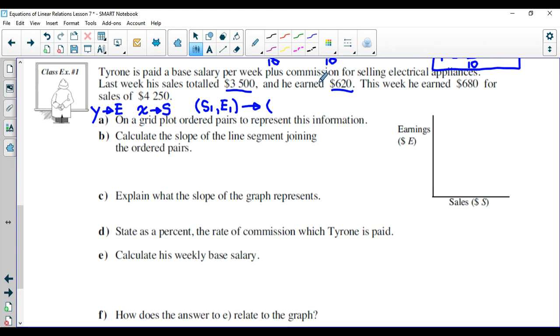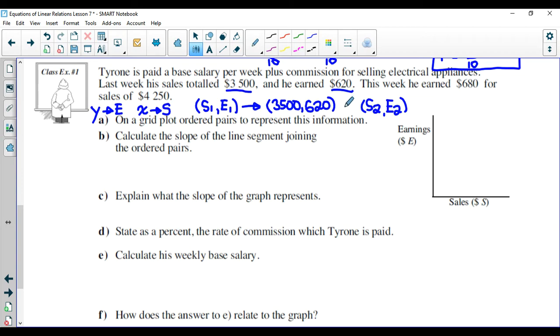So S1 comma E1, therefore the point would be S1, which is the sales, 3,500, and then the earnings, which are 620. We do the same thing for the second point. It says this week, so we'll make that the second point, S2 comma E2.